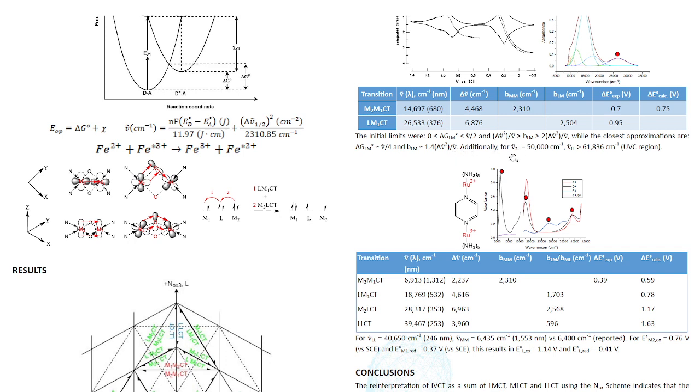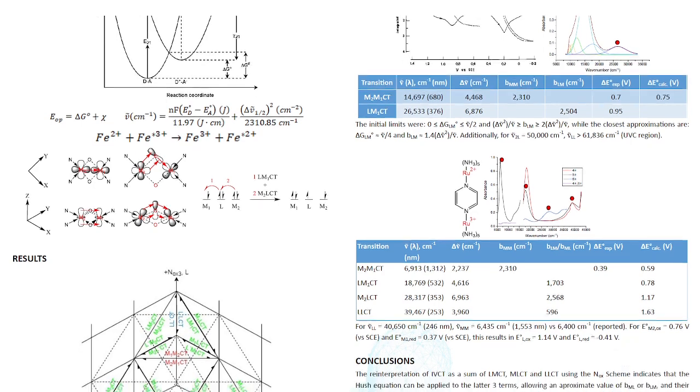Now, additionally, considering that the absorption maxima for the metal to ligand charge transfer is located at approximately 5,000 wave numbers, we found that the corresponding transition for the ligand to ligand charge transfer between two cyanide ions is approximately at 61,000 wave numbers. This is located in the UVC region.